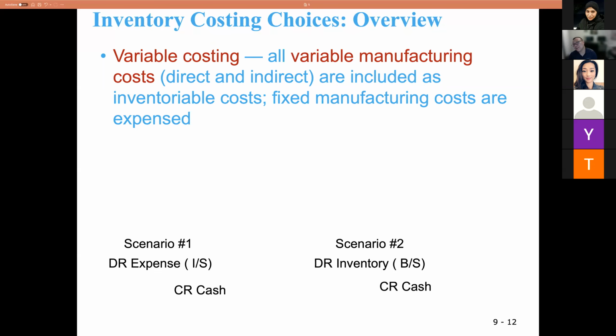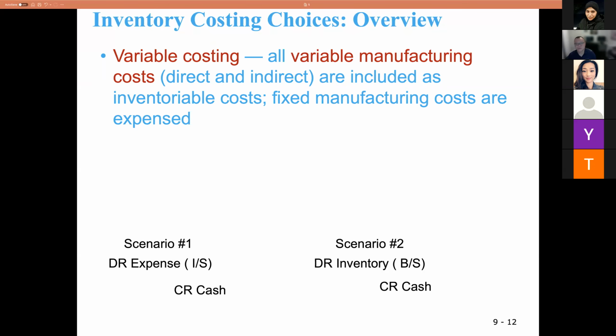When you eventually sell those goods to the customers, that becomes cost of goods sold, and goes into the income statement. So the manufacturing cost first goes to the inventory, sits in the finished goods inventory, and then goes to the income statement only after it was sold in the form of cost of goods sold.